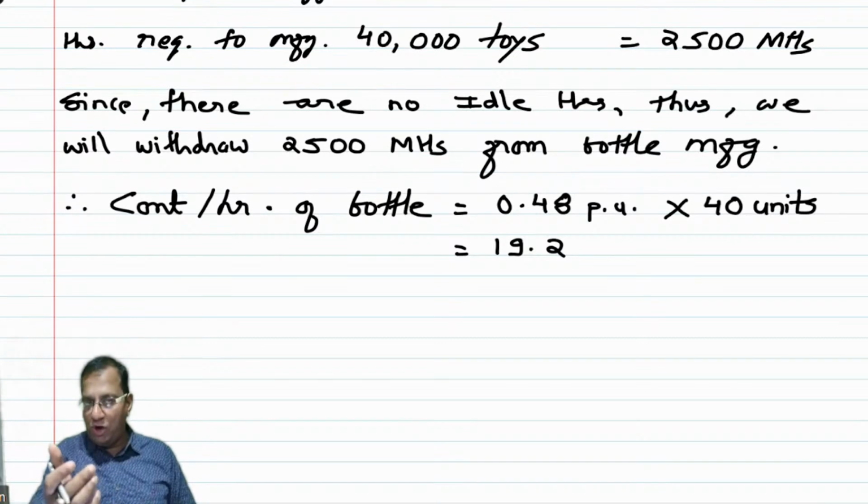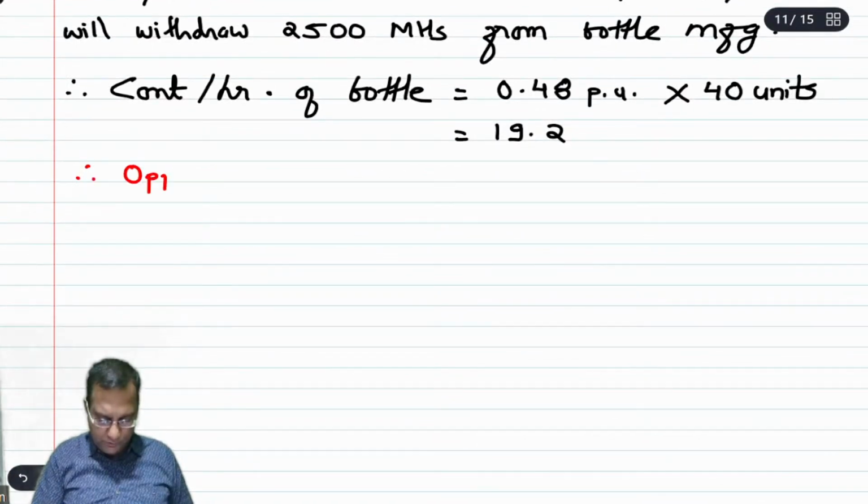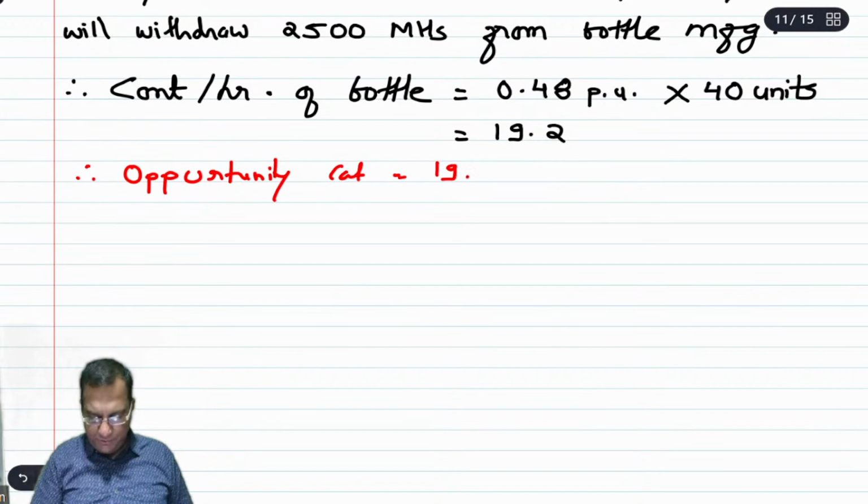But if we withdraw hours from bottle manufacturing, we will not be able to earn 19.2 per hour multiplied by the hours withdrawn. And how many hours are to be withdrawn? The complete 2,500 hours. Therefore, the opportunity cost will be 19.2 multiplied by 2,500.